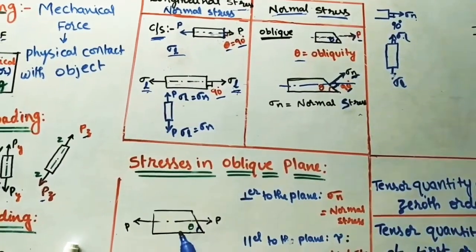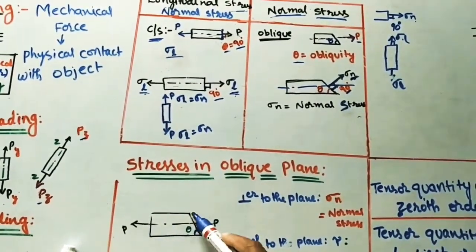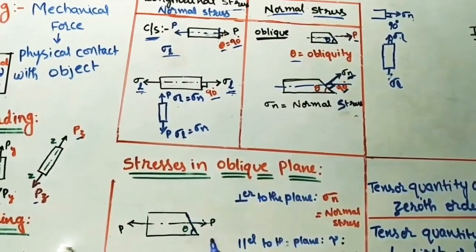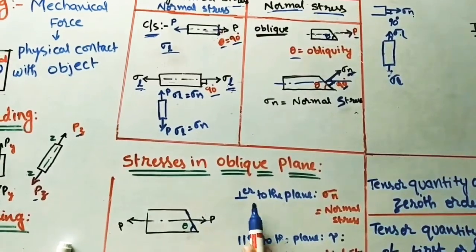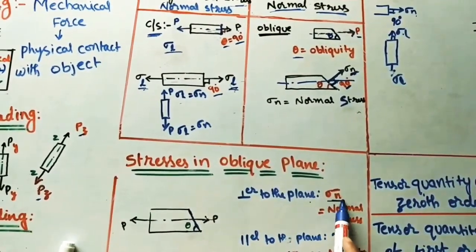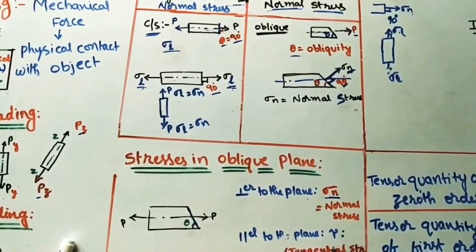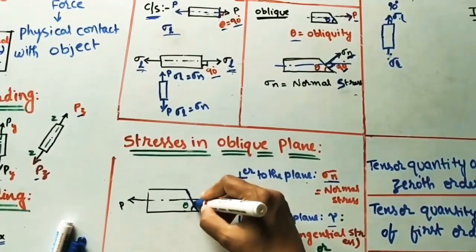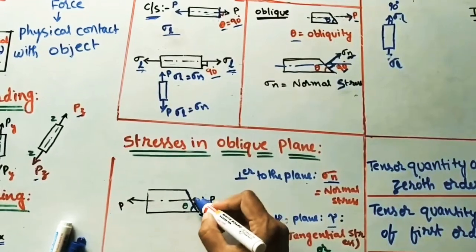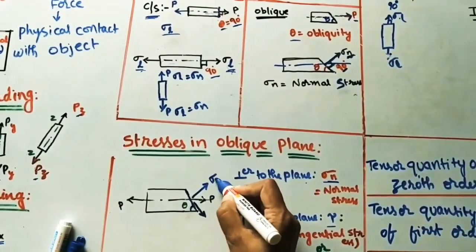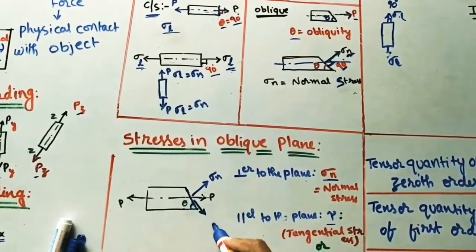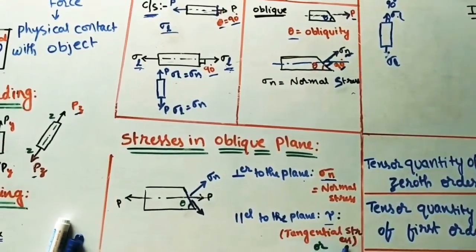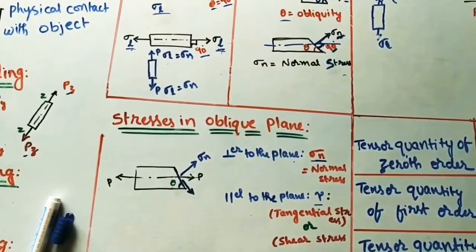Whenever we apply force on an inclined or oblique plane, two stresses develop: perpendicular to the plane, sigma n, the normal stress, and parallel to the plane, tau. We can call it tangential stress or shear stress.